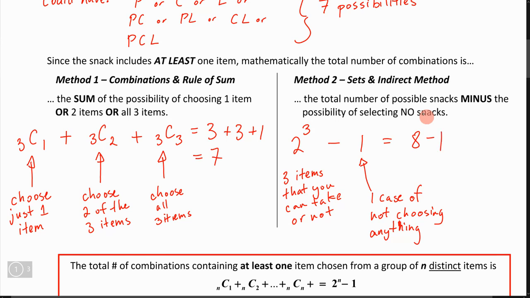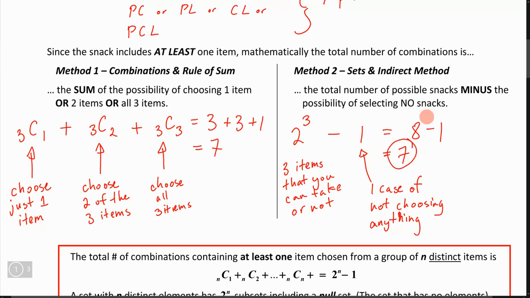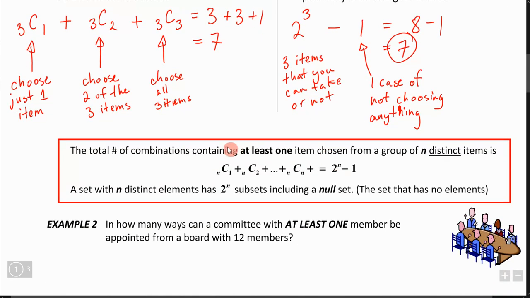Same answer. So the total number of combinations containing at least one item chosen from a group of n distinct items is given by this formula: a set with n distinct elements has 2 to the exponent n subsets, including a null set, a set that has no elements.